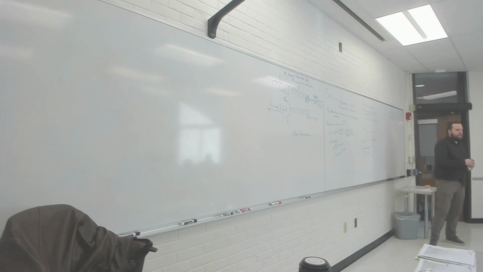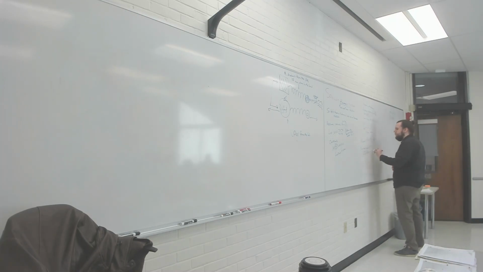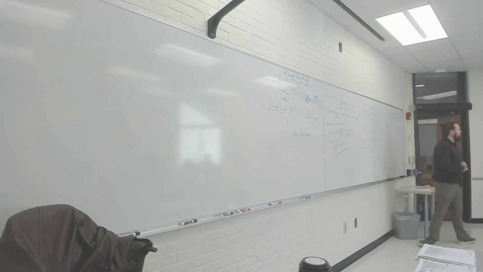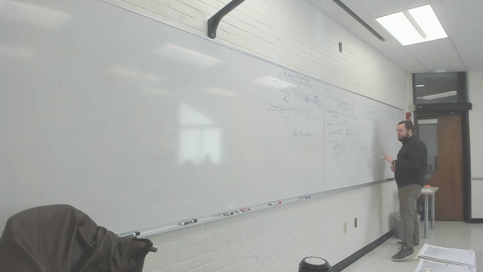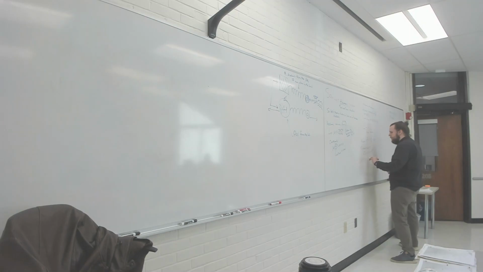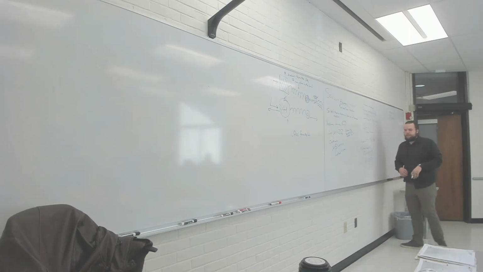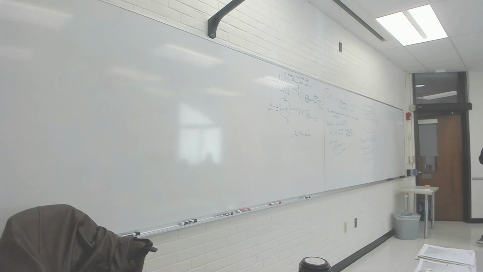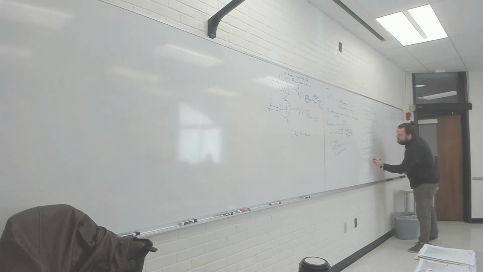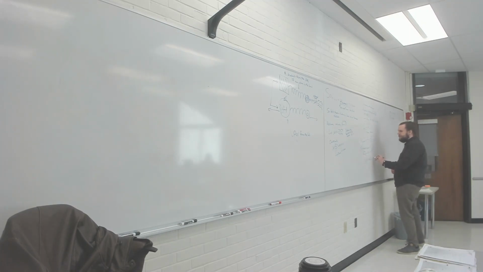And it turns out that the force is equal to the negative derivative of the potential with respect to position. So potential energy is equal to minus the integral of the force with respect to position. So all we have to do is integrate this to get the potential, and that's really easy.